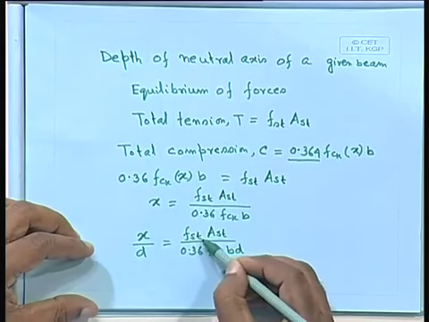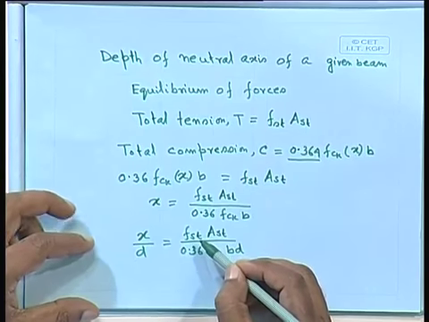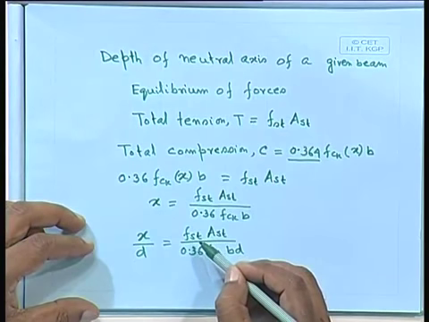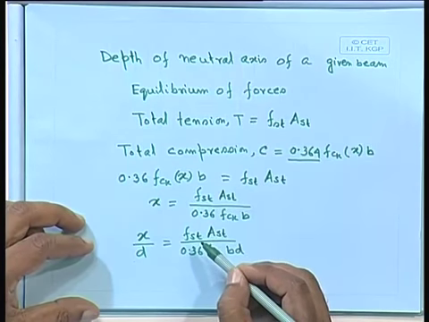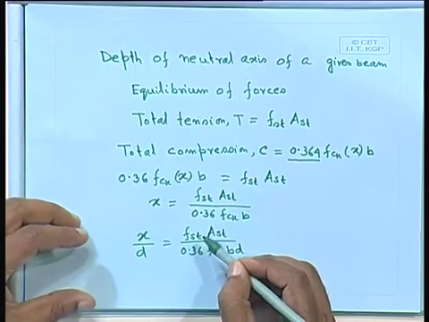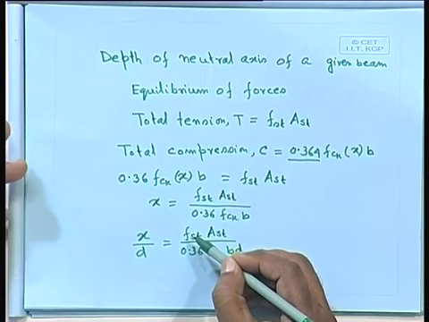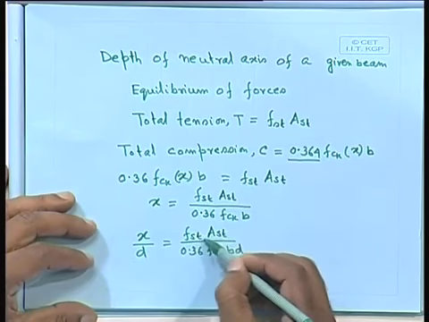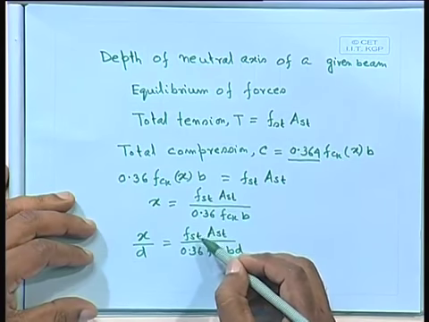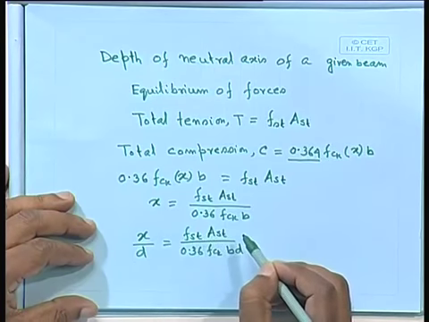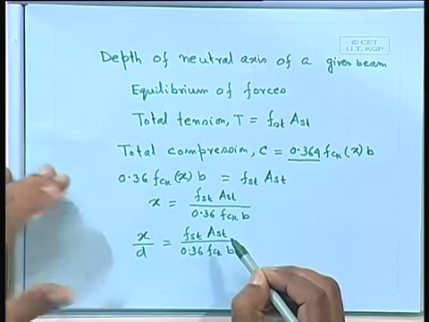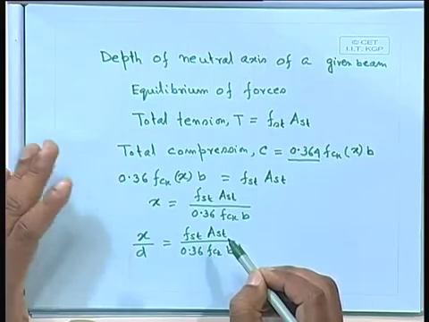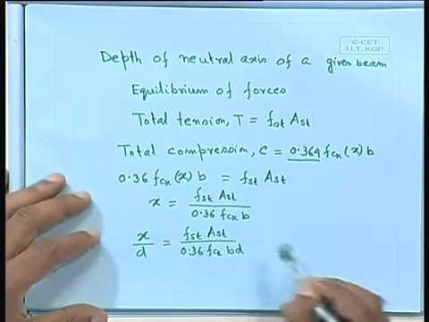Now if we take the section is under reinforced, that means we shall reach the yield stress in steel first. In that case, fst will be equal to 0.87 fy. That is the permissible stress according to IS 456.